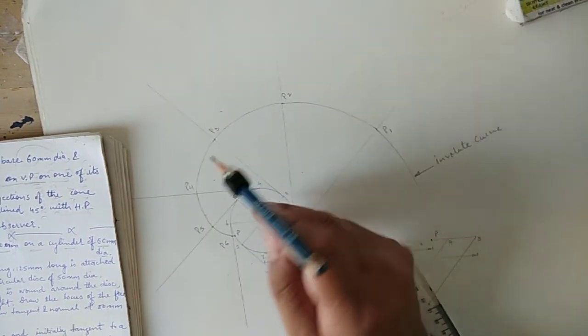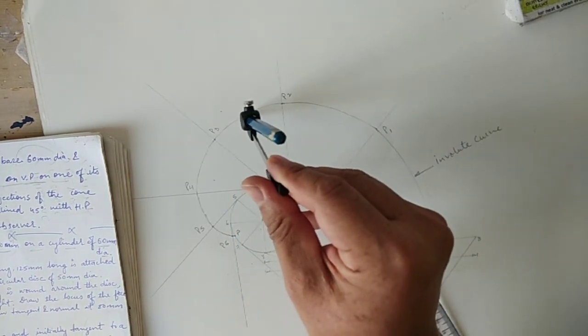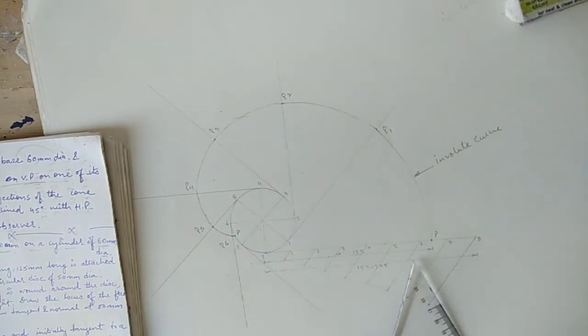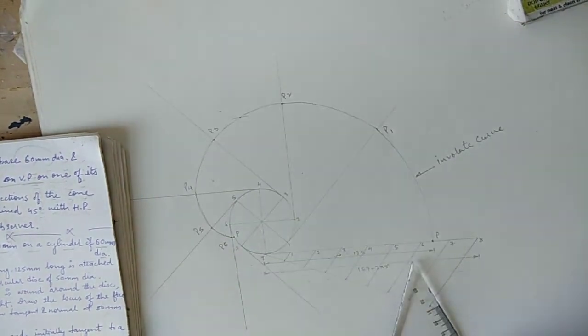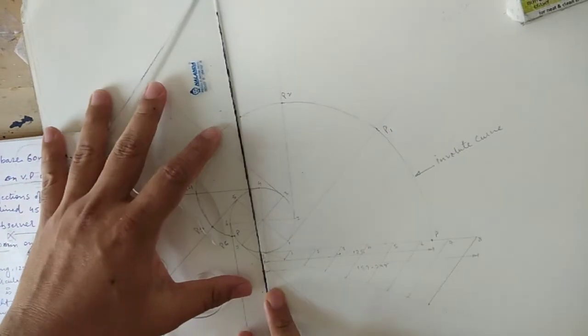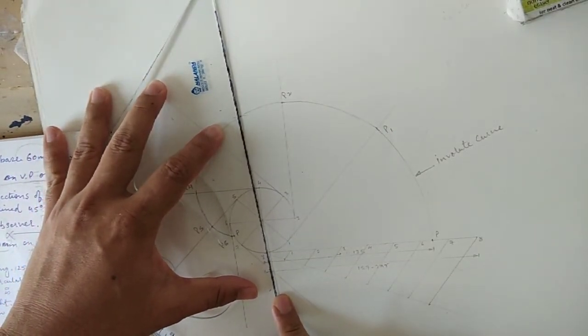Then from the center of the circle, cut on the curve. So this is the point. Now join that point on the curve with the center.